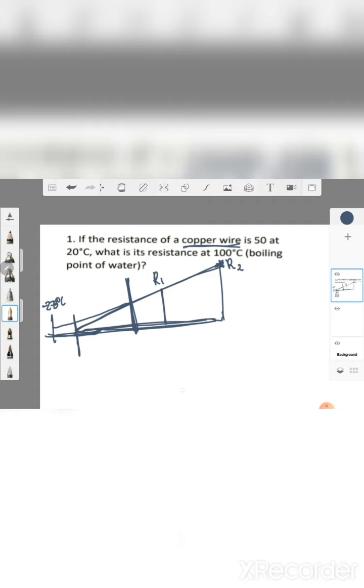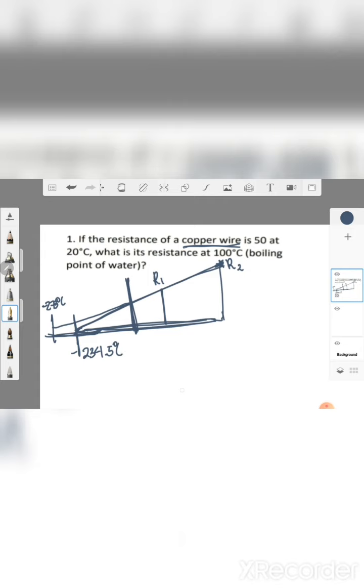So based on the table, browse your module, we have an inferred absolute temperature for copper, which is equal to 234.5 degrees Celsius.